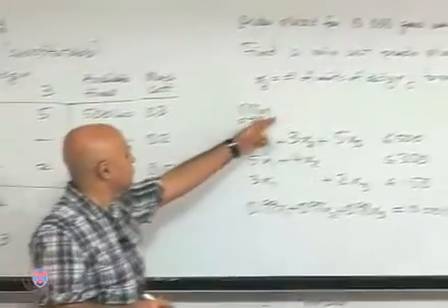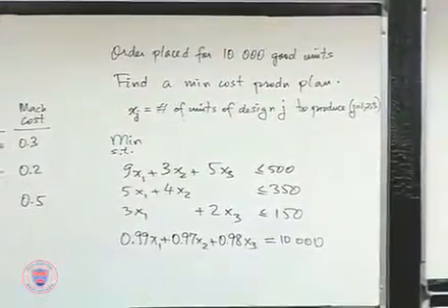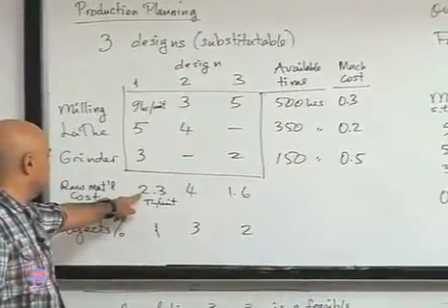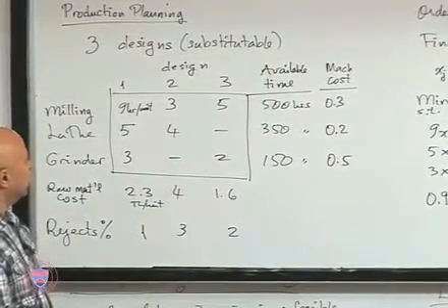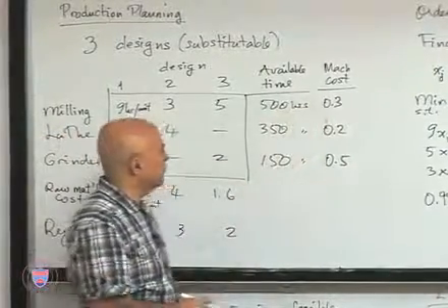What's the cost here? Well, the cost will consist of the raw material cost, which is given already, but then you've got also the machining cost.